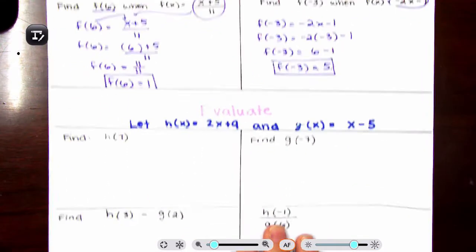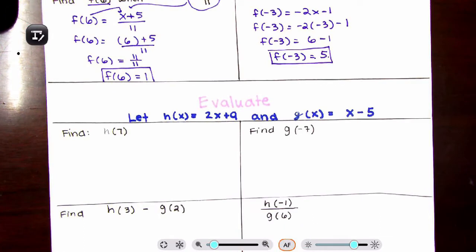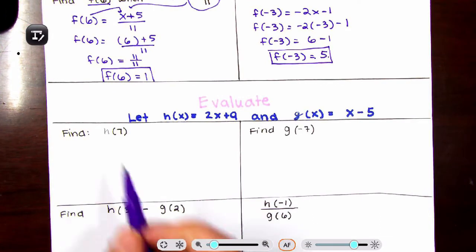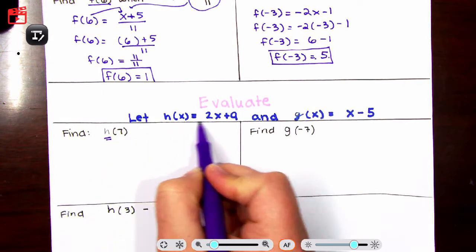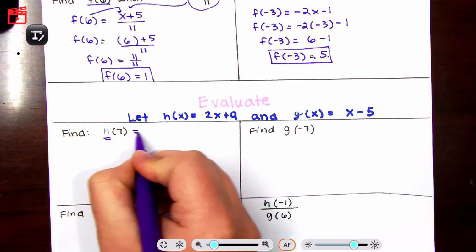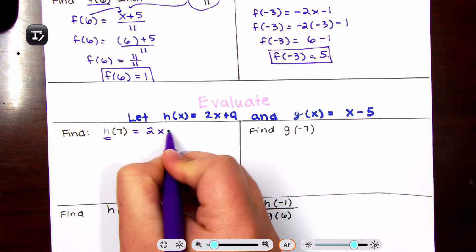Now, let's go ahead and try this here. Now we have different letters. We have g, we have h. So let's find h of 7. Because we're using h, we're going to use the h formula. The h formula is 2x plus 9.